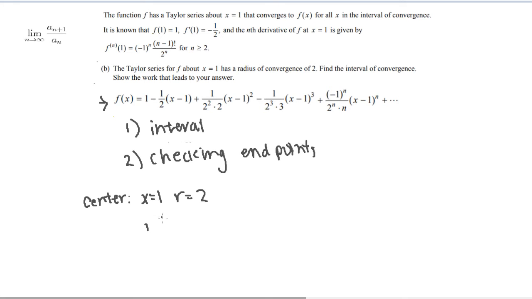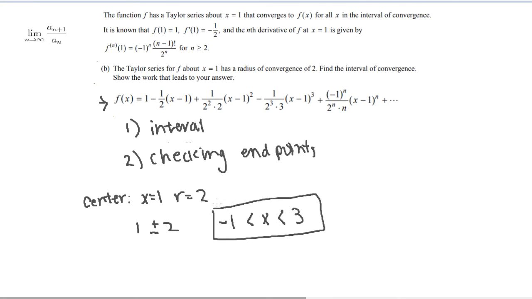So it will be 1 plus minus 2, which is negative 1 less than x less than 3. So this is the first step, but we're not done.